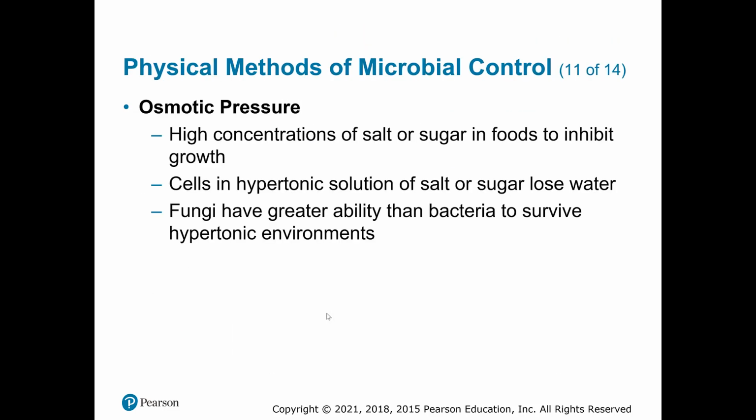All right, another physical method of microbial control is osmotic pressure. This has to do with using sugars and salts or solutes to create hypertonic solutions around your bacterial cells so that water gets drawn out of those bacterial cells and you kill those cells or inhibit their growth.